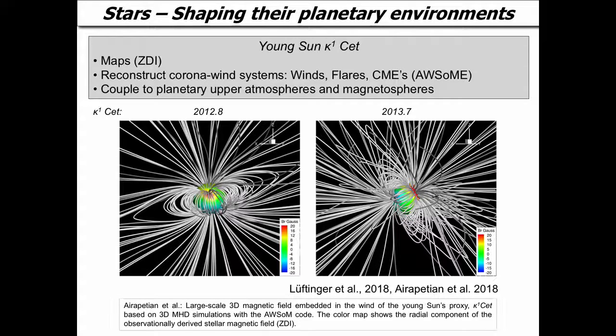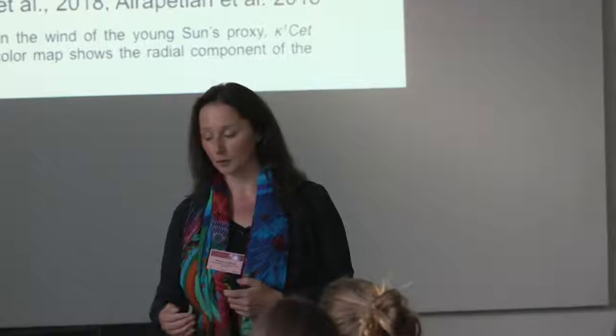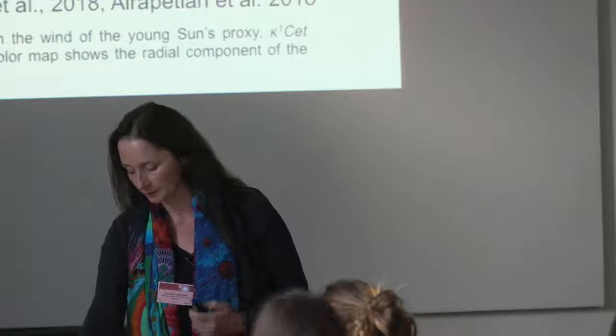So the magnetic fields I've shown you for Pi1 UMa, and here in this case for Kappa1 Ceti, they can be extrapolated, and the winds, based on a code we are using in collaboration with people from NASA, the wind modeling can be done, and we can then study in more detail how the wind affects the planetary atmospheric erosion. This is important to be able to do because stellar winds cannot be detected directly.